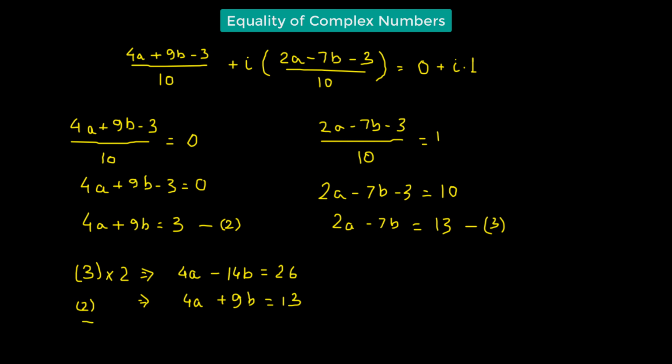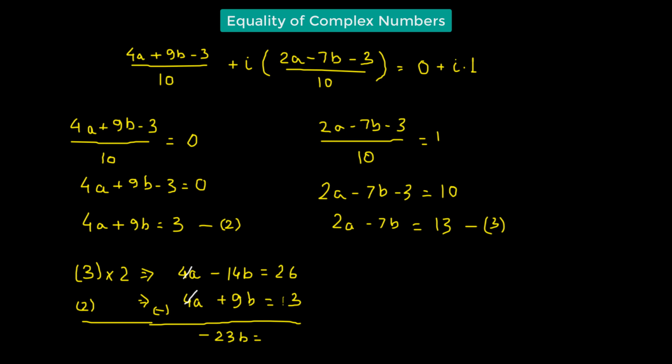Now we're going to subtract. So on subtracting, the 4A and 4A cancel out. So we have negative 14B minus 9B is going to give us negative 23B. And 26 minus 13 is, a mistake.